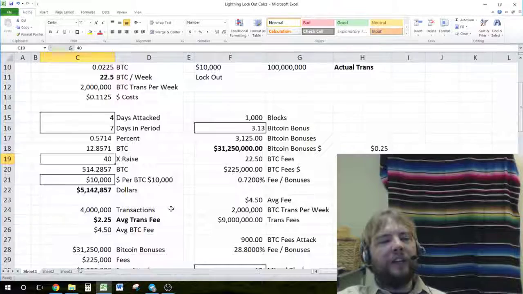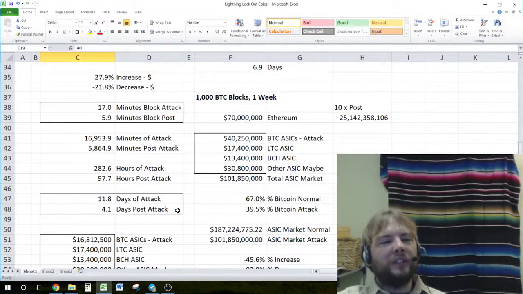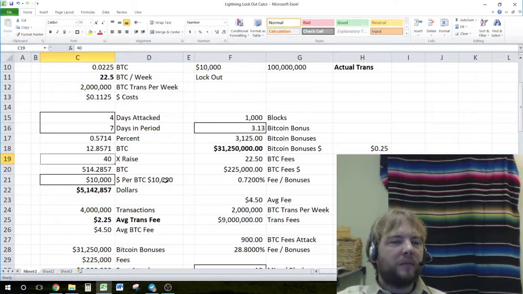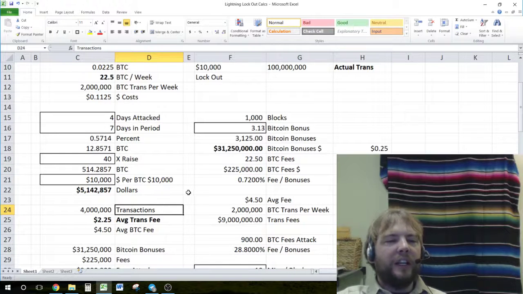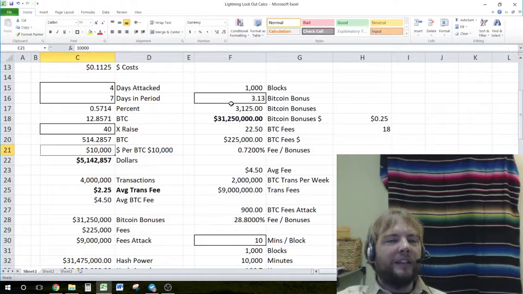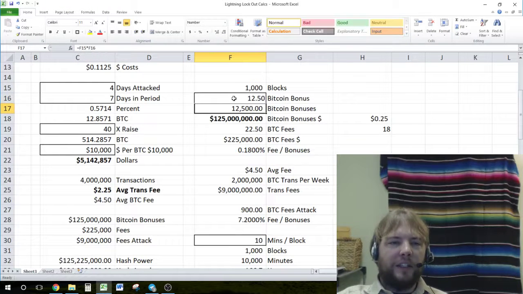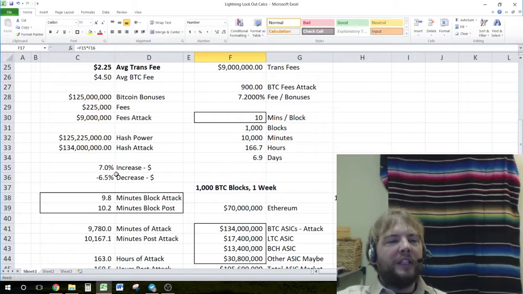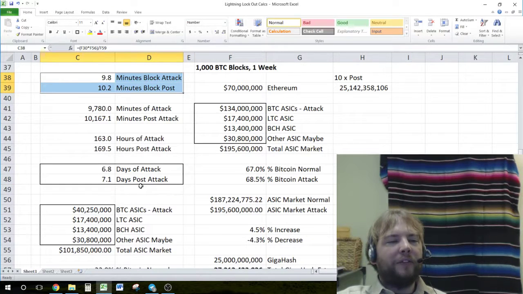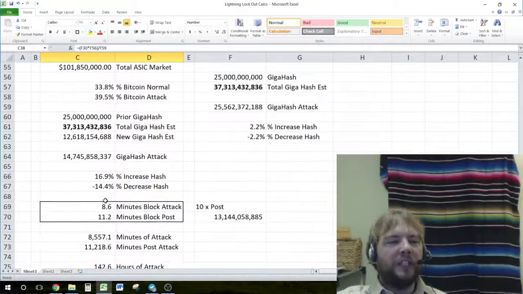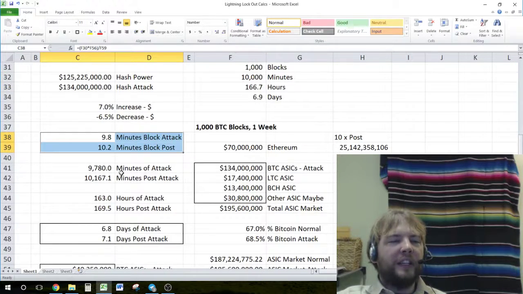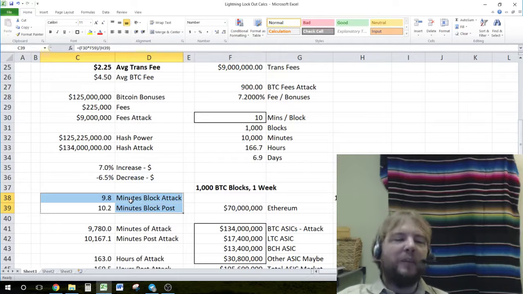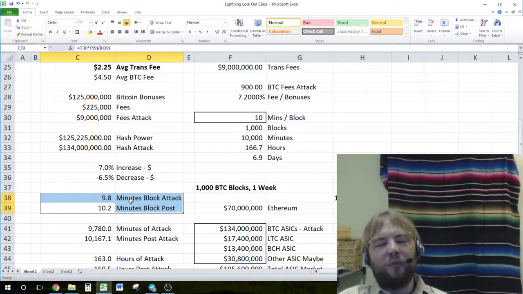Now, if your bonuses are very substantial relative to the transaction values, then what will happen is that your block times effectively will not change from 10 minutes. You can see here, this is really the most accurate. I created a 40x increase, and my block times are going from 10 minutes to 9.8 minutes.